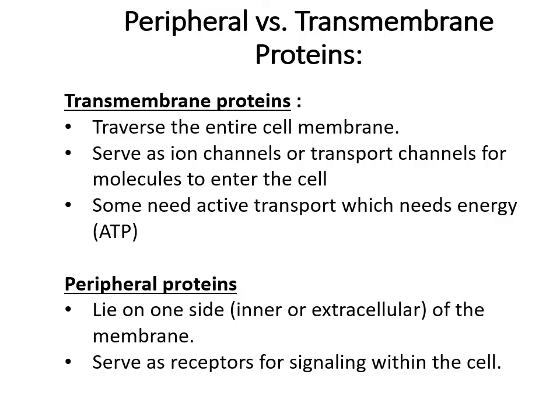Okay, so it seems like I like to chat about information on the slide before. I hope that's a good thing, because then when you're looking at this slide, you've already heard about peripheral versus transmembrane proteins.